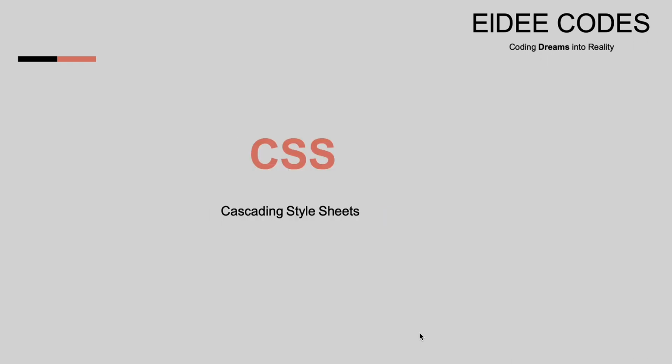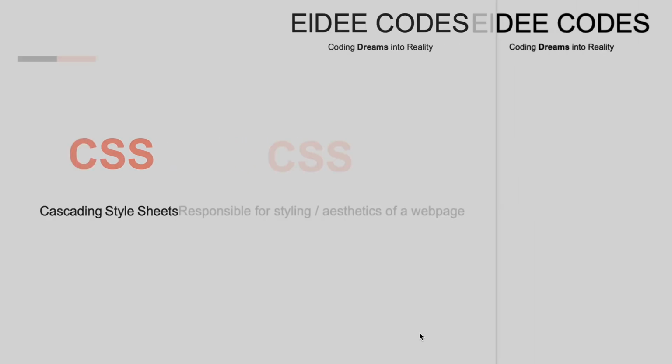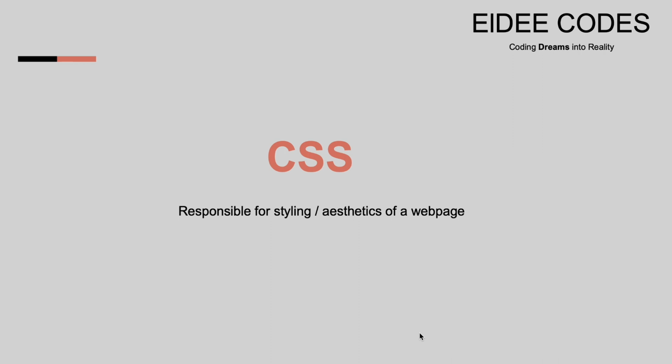Next thing we are going to talk about is CSS, which simply stands for Cascading Style Sheets. Looking at it, you should be able to guess that it's used for styling and beautification of a web page.